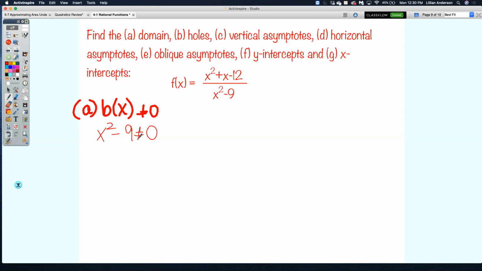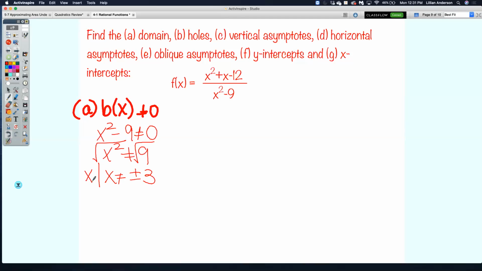How do I solve this? Add the 9 over. I can do it two ways. I can factor this and set the factors equal to 0, because it's a difference of perfect squares, or I can add the 9 over and then take the square root. When you take the square root, please remember you get the plus and the minus. So my domain is all real numbers except where x equals +3 and -3.